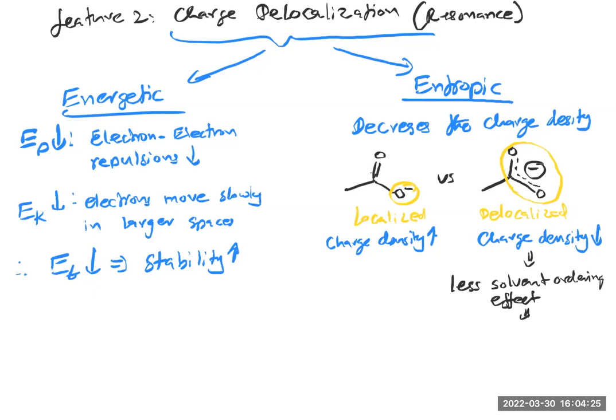Therefore the decrease of entropy is less. Therefore it's going to be more stable.